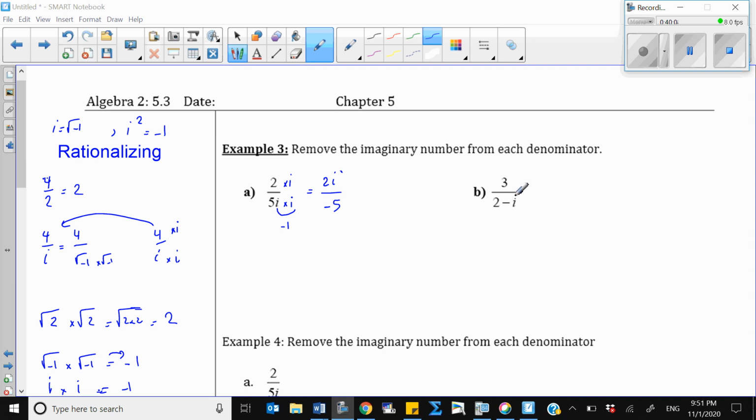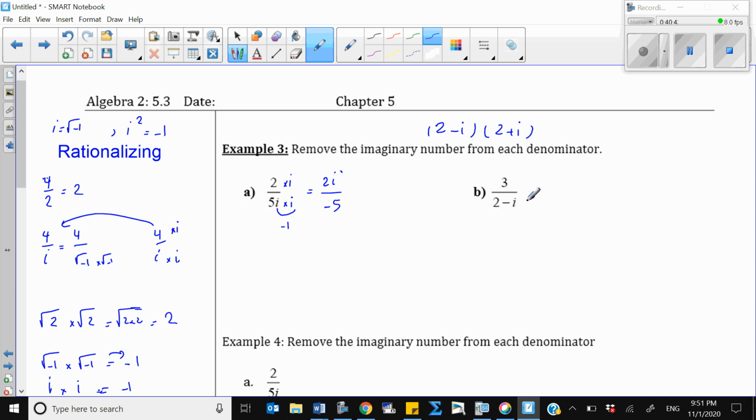So in order to get rid of the i in the denominator, when we have a complex number, we need to multiply both top and bottom by the conjugate of the denominator. What is the conjugate of the denominator? If I have 2 minus i as a complex number, its conjugate is going to be 2 plus i. So you just need to change the sign between the integer and the imaginary number. If it's negative, you change it to positive.